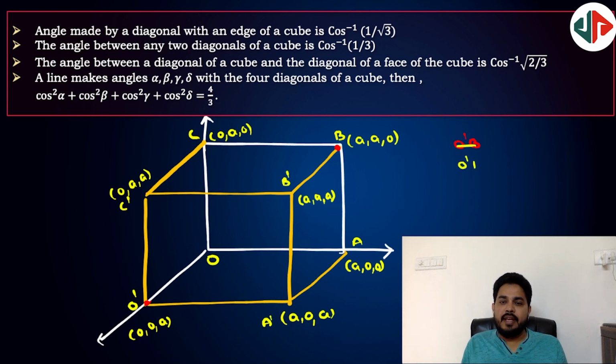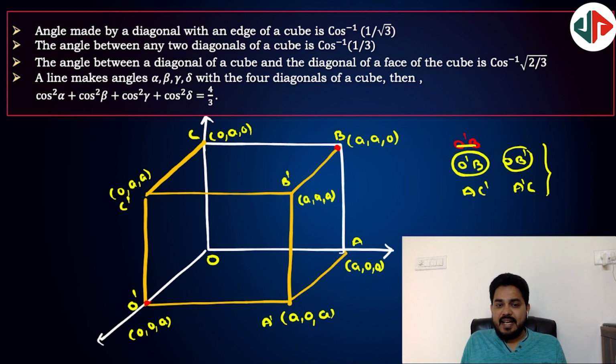O prime B is one diagonal of the cube, OB prime is one diagonal, A C prime is one diagonal, A prime C is one diagonal. So these are the four diagonals, and these are faces.